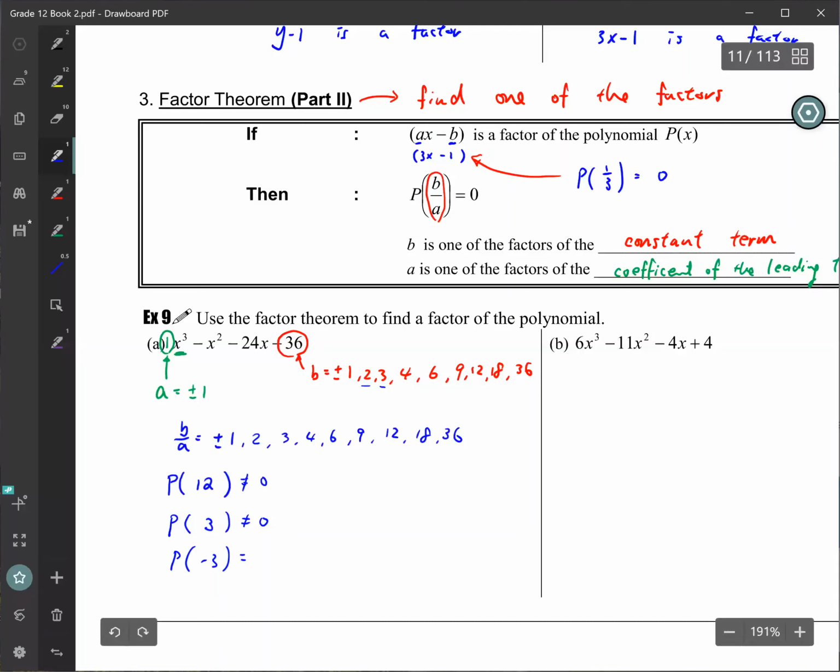So Donna, can you tell us what you get when you plug in -3? So 12 doesn't work, 3 doesn't work, -3.